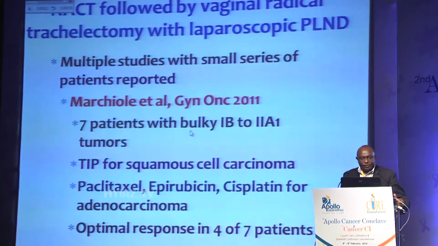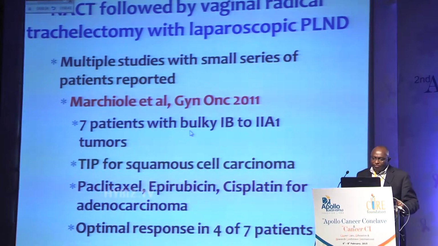Here is a study whereby 7 patients with bulky 1B, that is up to 4 centimeters, and 2A1 tumors were given neoadjuvant chemotherapy consisting of Taxol, ifosfamide, and platinum.